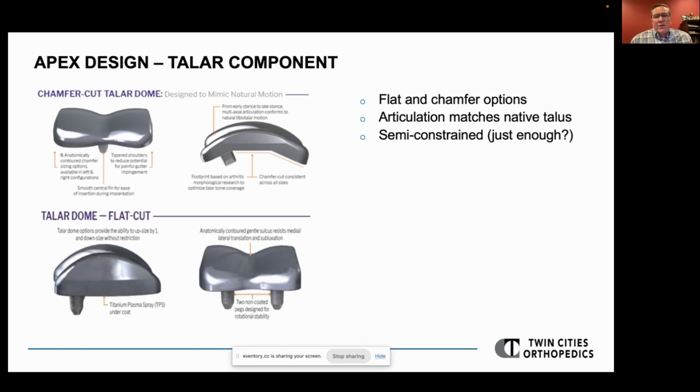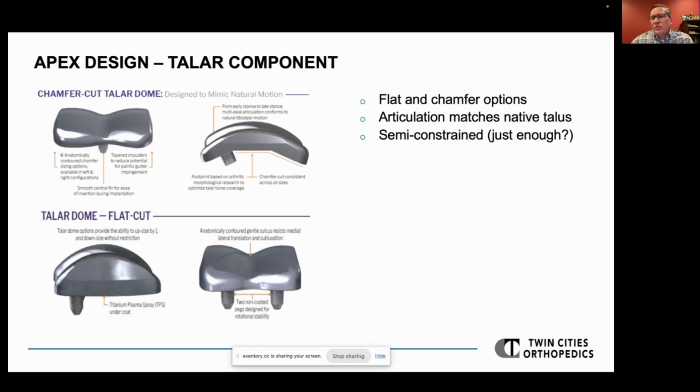There was a lot of design that went into the articulation to try to match the articulation of the native talus: the axis of rotation, and the geometry of both the medial and lateral part of the talar dome, to match the normal articulation of the native talus as much as possible.